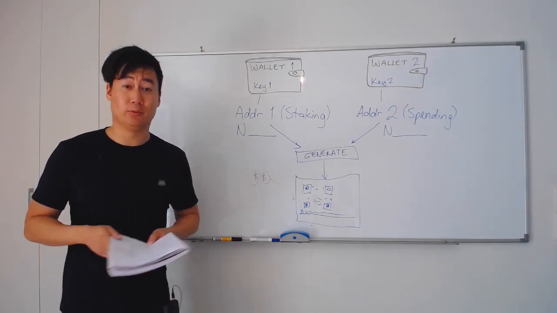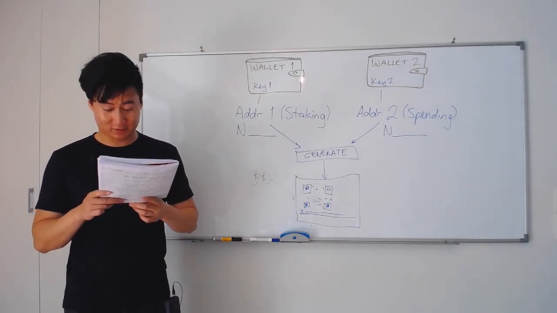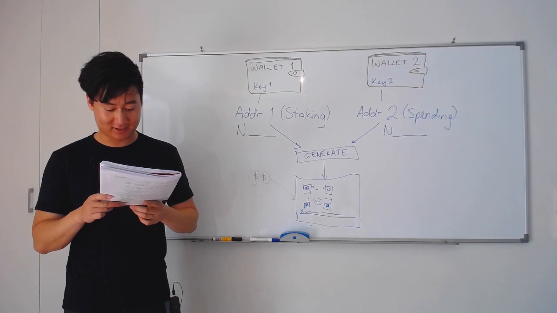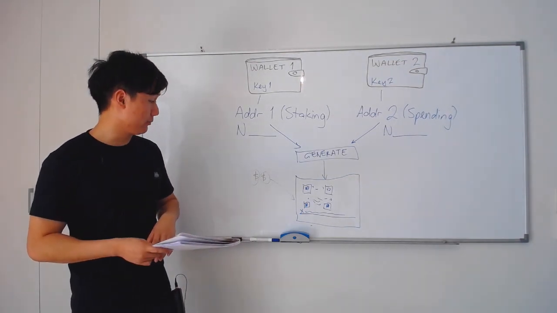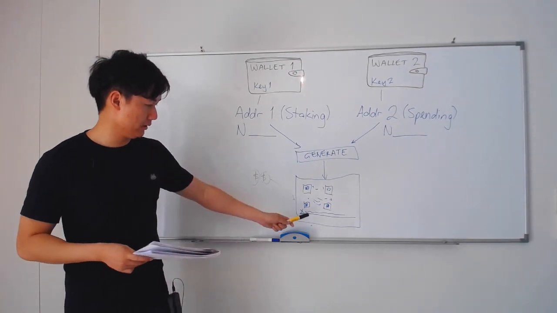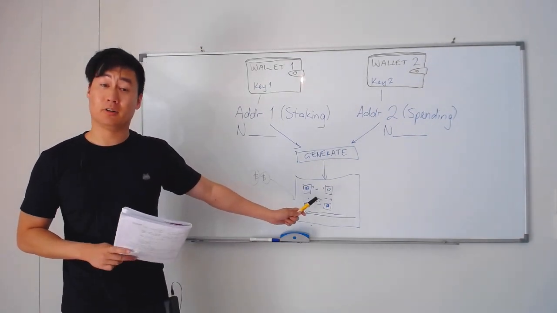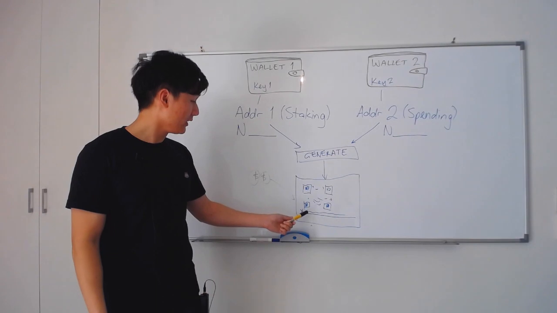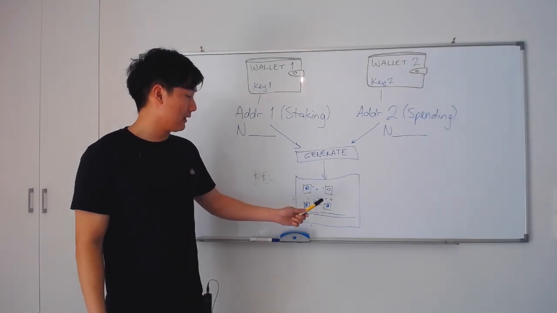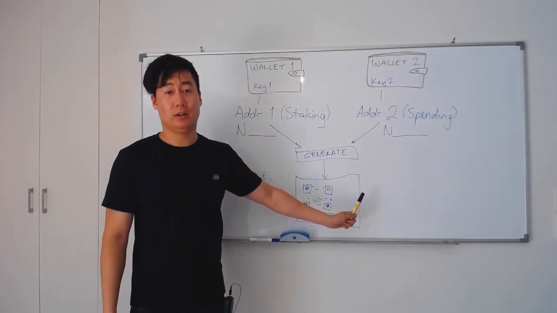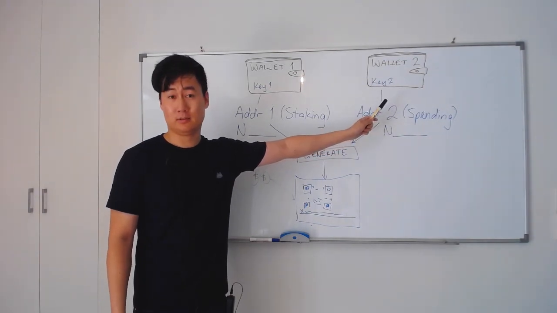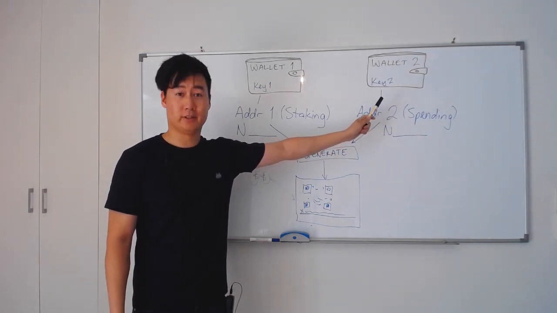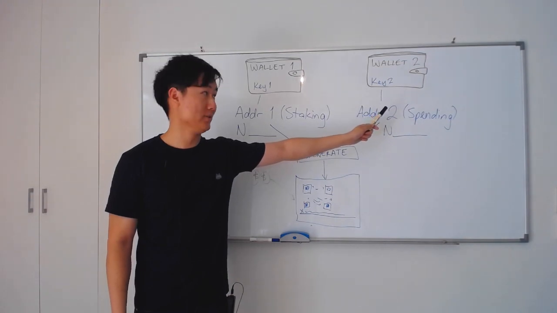So let's see, what else do we have to talk about in our best practices guide? Next up, we should probably discuss when you want to send coins out of your cold staking wallet. First of all, you'll need your spending address and your spending wallet to do the sending out of coins.